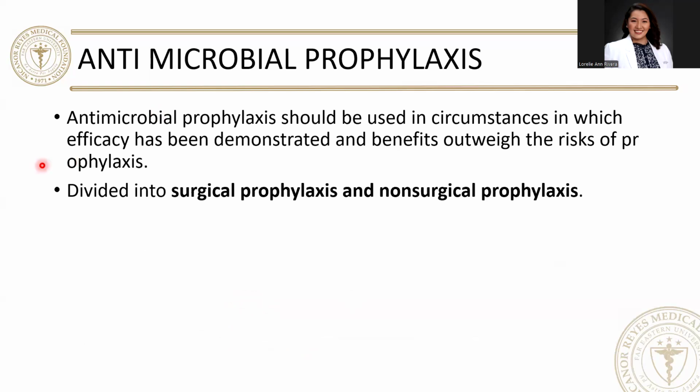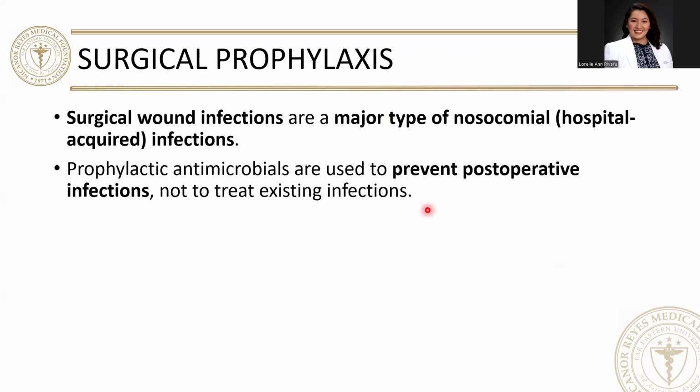And next, let's talk about antimicrobial prophylaxis. This should be used in circumstances in which efficacy has been demonstrated and benefits outweigh the risk of prophylaxis. It is divided into surgical and non-surgical prophylaxis.